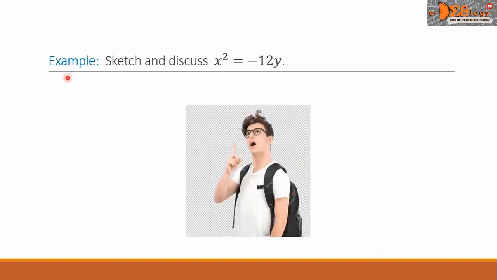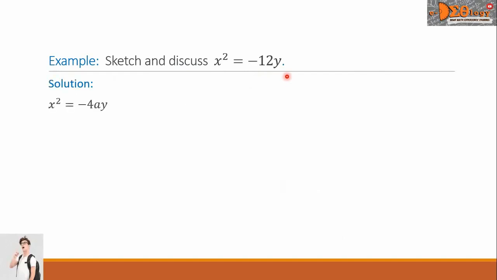Let us see this example. Sketch and discuss x squared equals negative 12y. For our solution, we can see that this equation here falls under the pattern of our parabola with vertex at origin and opens downward.